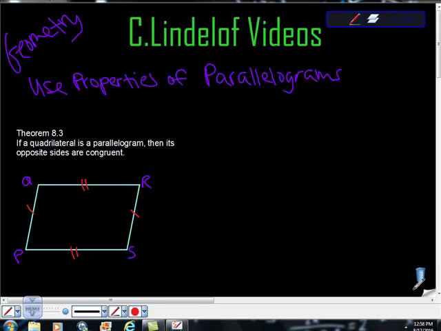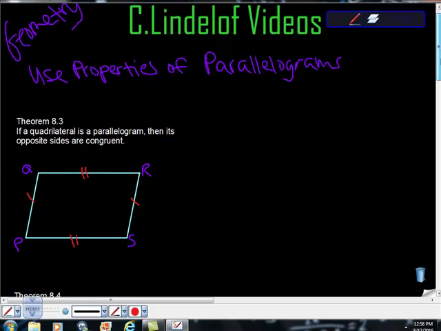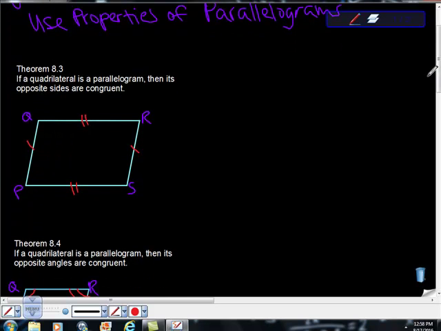The first theorem is theorem 8.3, and it says if a quadrilateral is a parallelogram, then its opposite sides are congruent.